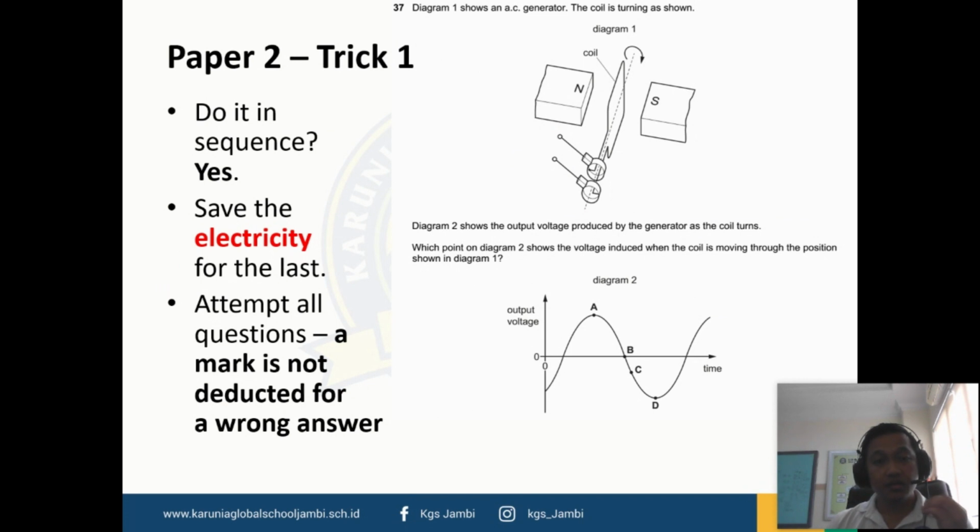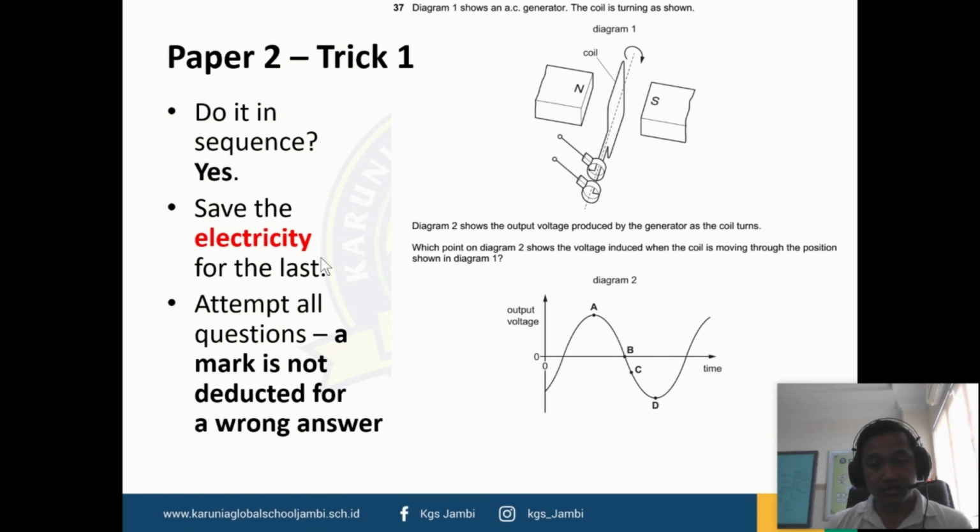But if the question is, do I have to do it in sequence? I will say yes. Why? Because if you go through in sequence, you can find out which question is easier, which question is not, which question that you can do. That is the most important thing. In terms of electricity, most of the time electricity has the most difficult questions.